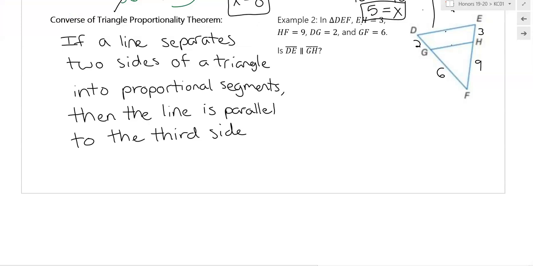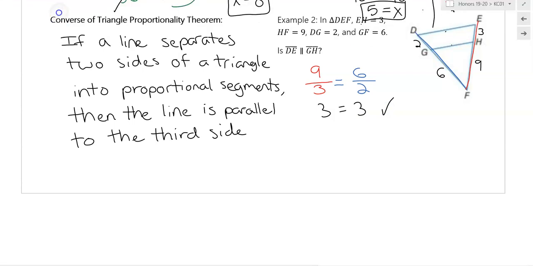Okay, so I'm still going to go down my line, so I have 9 over 3, and I want that to be equal to 6 over 2. Again, here I'm not solving for anything now. I have all my numbers. I'm just checking if this is true. Well, 9 over 3 is 3, and 6 over 2 is 3.